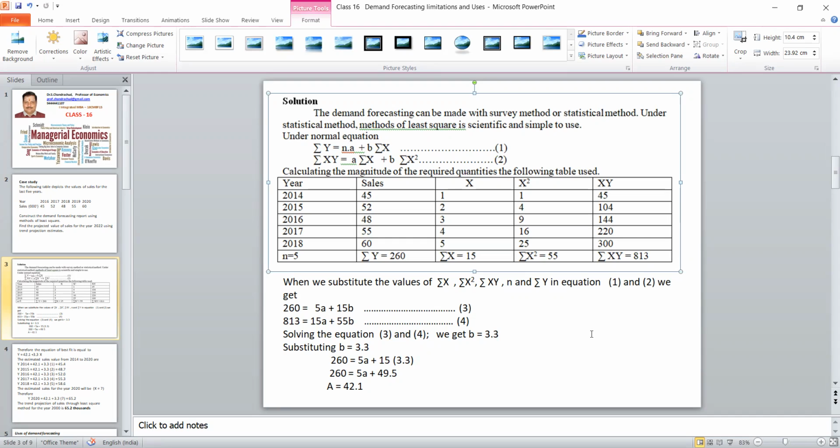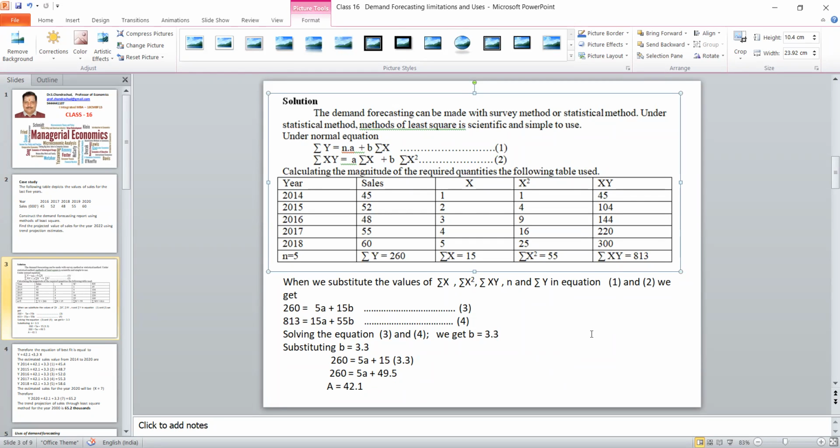Now we have calculated the values summation y, summation x, summation x square and summation xy. Here n is number of years, so 5. So substitute these values in the above two equations, the method of least square equations. Summation y, how much? Yes, it is 260. Then n is 5, so 5 into a plus, what is summation x? It is 15. So 15b.